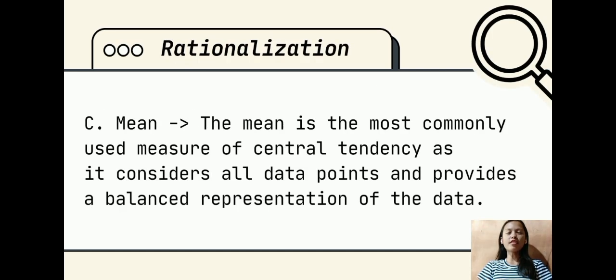The correct answer is letter C, mean. The mean is the most commonly used measure of central tendency as it considers all data points and provides a balanced representation of the data.